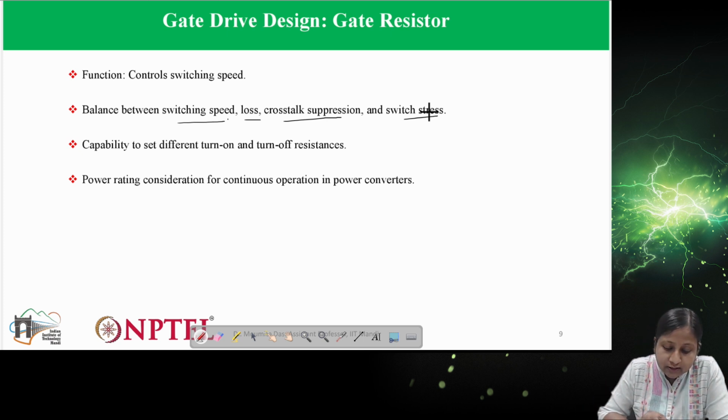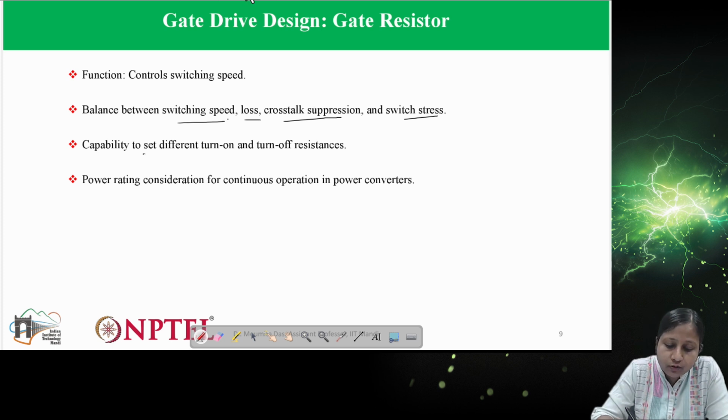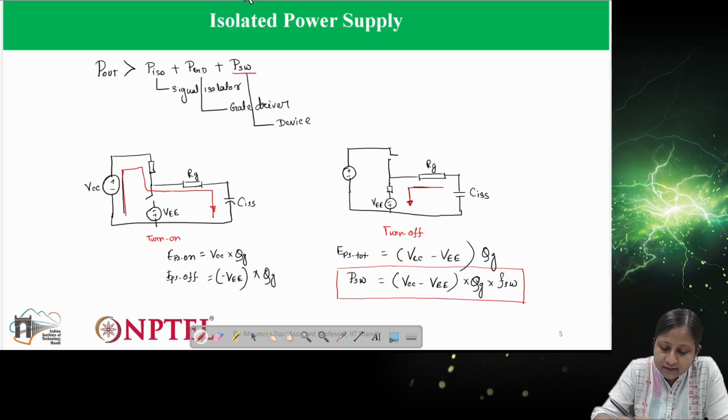Okay, next is the capability to set different turn on and turn off resistances. Till now you have seen only one resistor which is connected, right? If I go to the previous slide, you can see the same resistor is being used for turn on and turn off time.